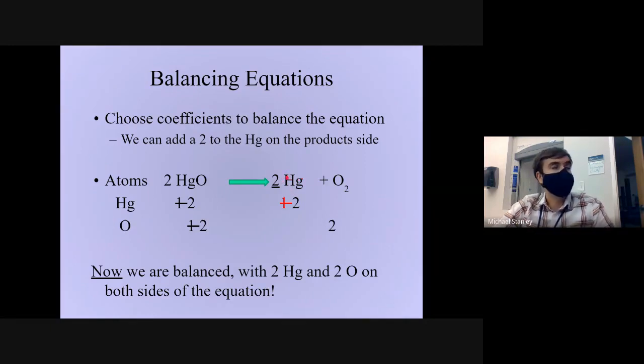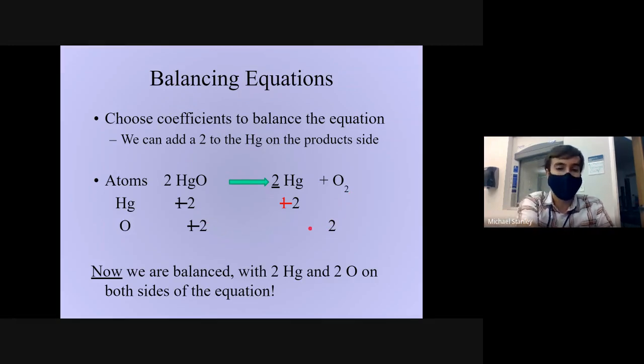And now let's double check. It looks balanced. I want to make sure. We have 2 Hg's on the reactant side, and 2 Hg's on the product side. So that's good. 2 and 2 are the same. We have 2 O's on the reactant side from right here, and 2 O's on the product side right here, 2 and 2.